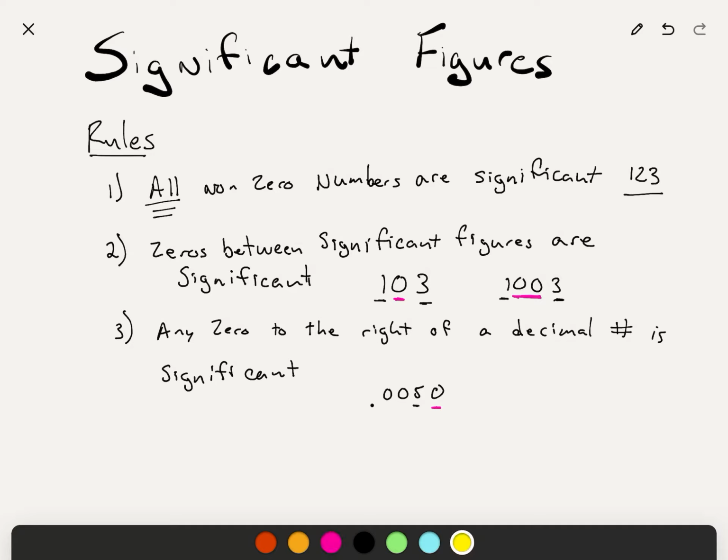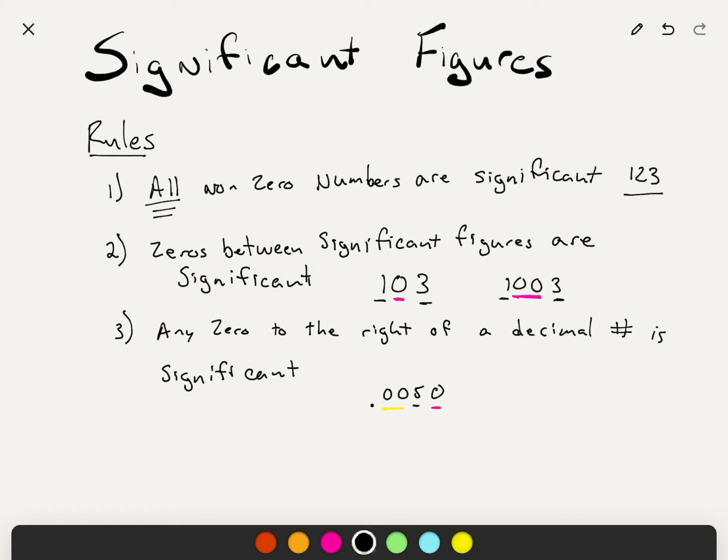So what about these 2 zeros? Those 2 zeros are not significant because they are considered space holders.